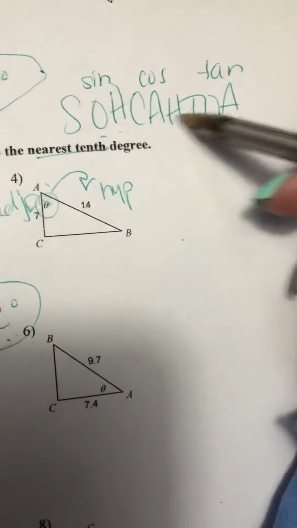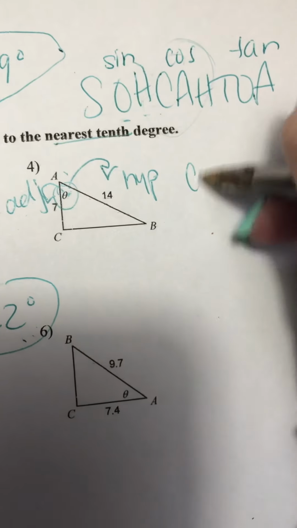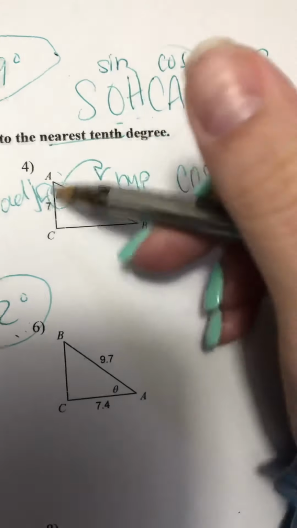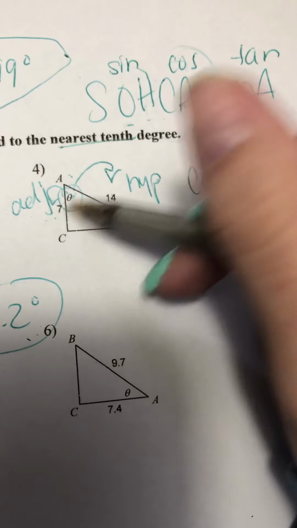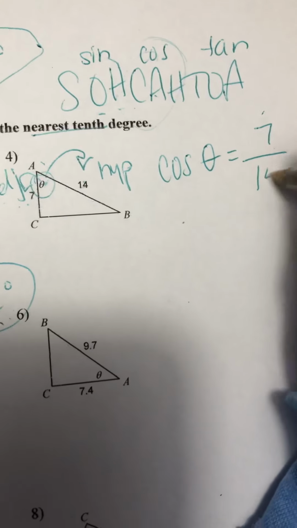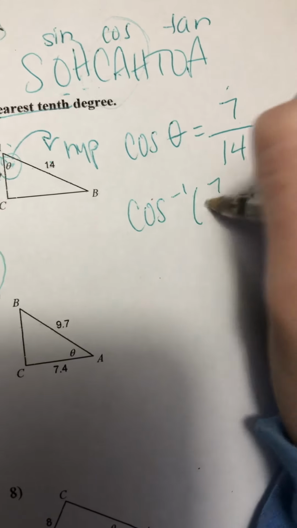Which one of these has A and H? It's cosine. So cosine of theta equals A divided by H. Don't do 14 over 7. It's 7 over 14. Then to find my angle, I take the inverse, which is my third step, of my ratio.